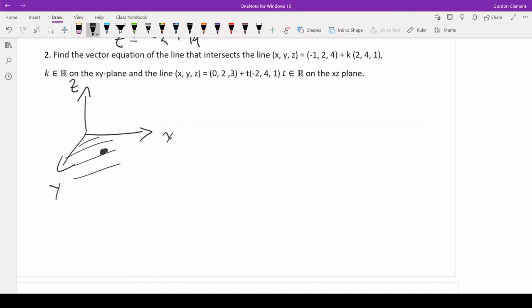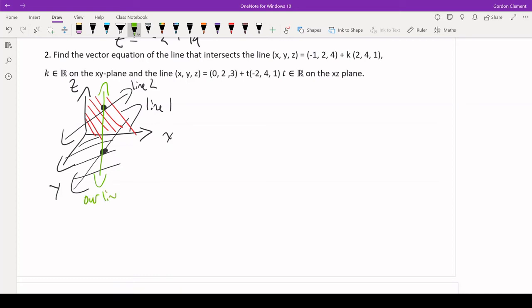So we're going to find a point on the xy plane from the first line. So I'll just draw a line through that point. And then on the xz plane, so that would be sort of this wall, we're going to get another point from line 2, whatever it looks like. And then our line is going to connect those two dots together. So this will be the line that we're trying to find.